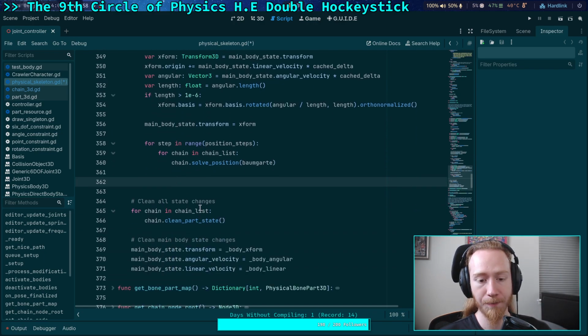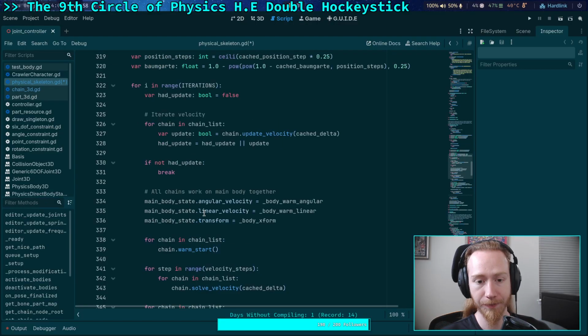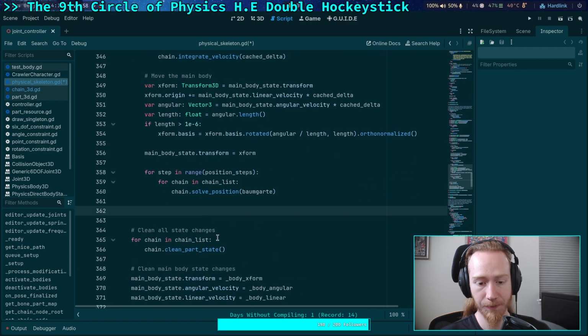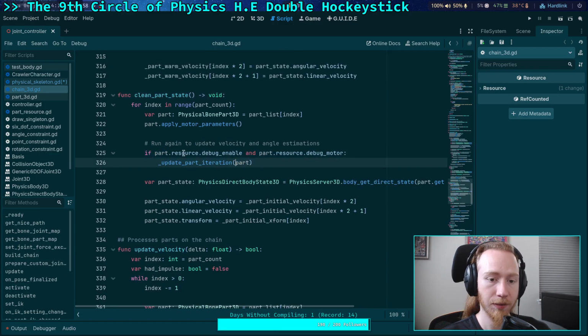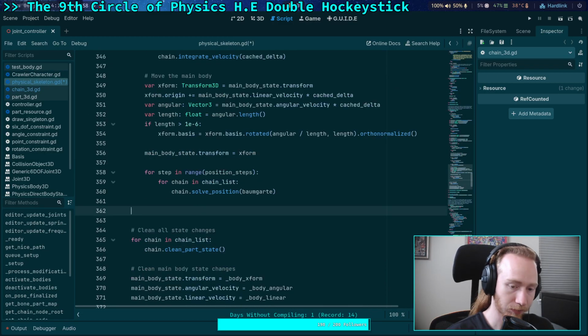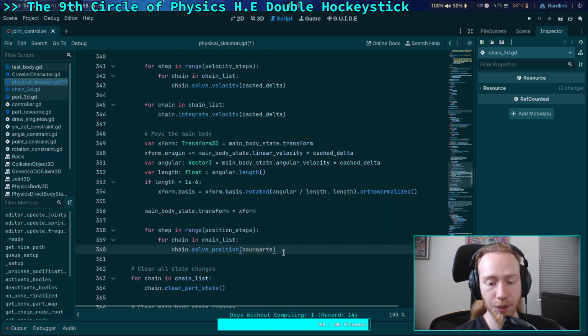That predicts it, and then I think clean part state. Yeah. So that's the prediction.